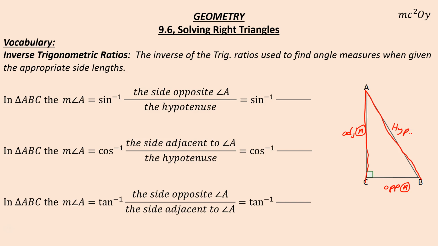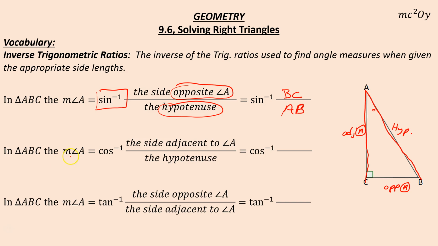Okay, so in triangle ABC, the measure of this actual angle, the actual degree measure, would be equal to the inverse sine, and notice we say inverse sine by using sine -1, the inverse sine of the side opposite A over the hypotenuse. Well, the side opposite A is BC over the hypotenuse, or AB. So if we knew those lengths, we could take the inverse sine of the comparison of those lengths, and we'd be able to find the angle measure.